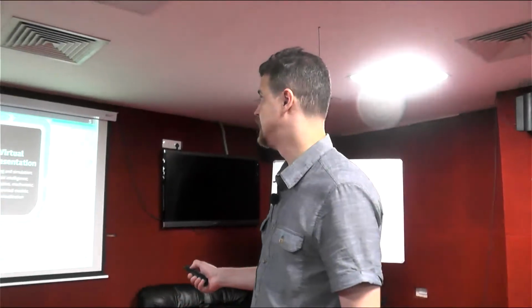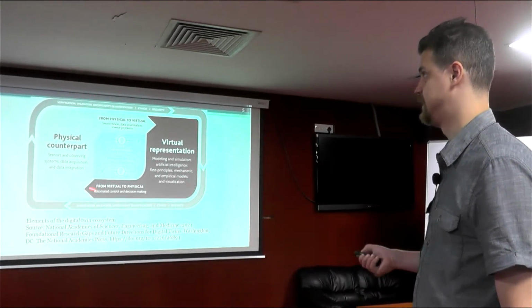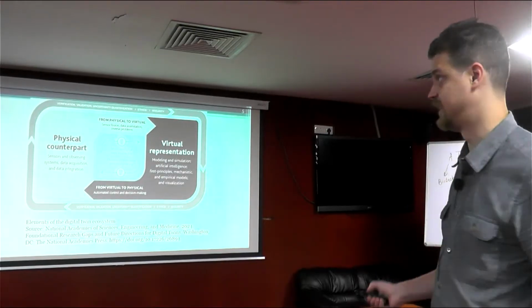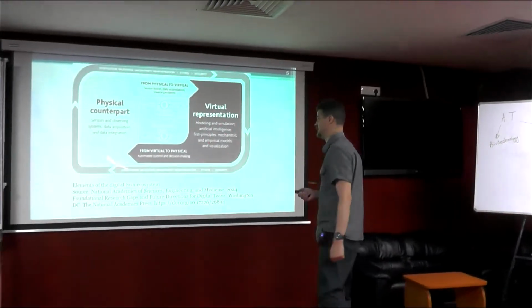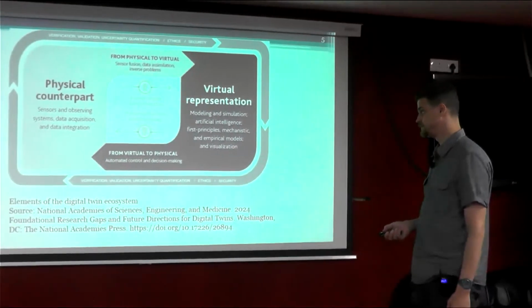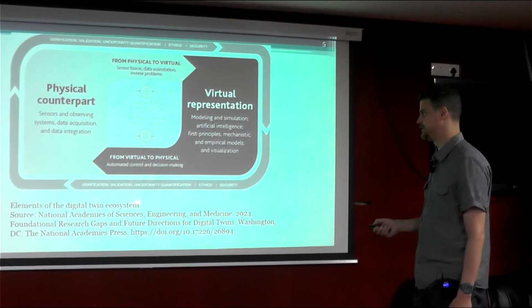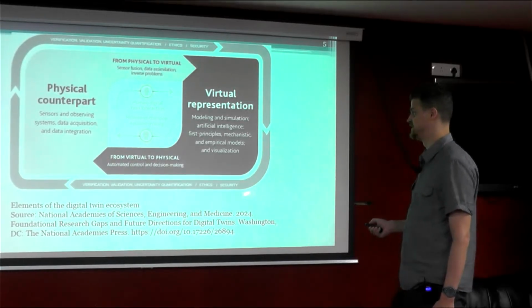So in some sense, it's a more complicated technology that requires the integration of AI, because in order to establish and verify the accuracy of this feedback, we need to proceed with machine learning that will help us to verify the accuracy and the robustness of this bidirectional interaction. So it will require verification, validation, uncertainty quantification, ethics, and security.